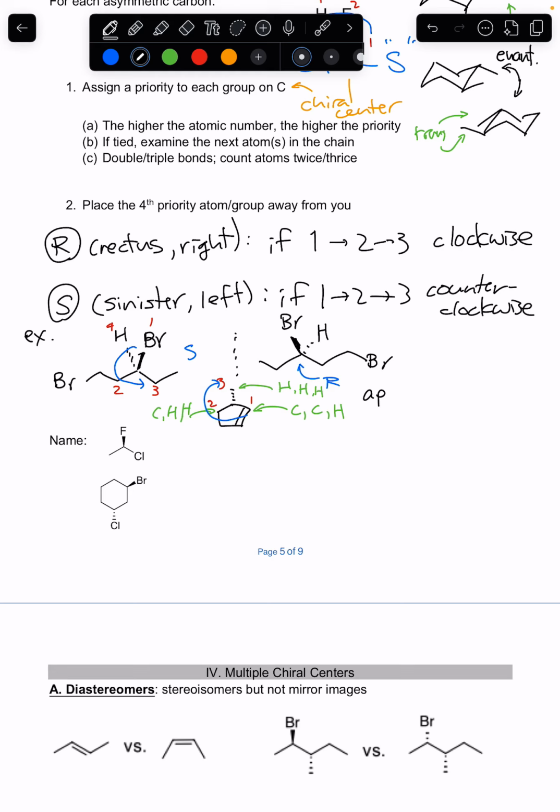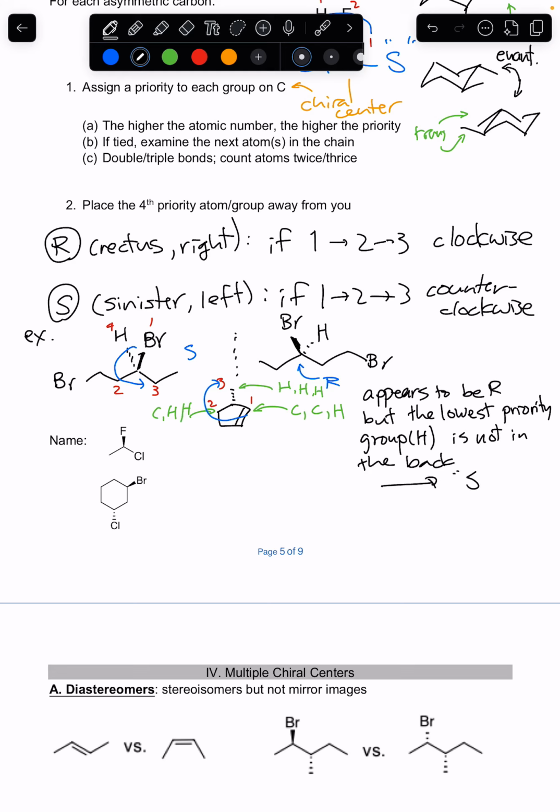This appears to be R, but the lowest priority group, which is hydrogen in this case, is not in the back. So you take the opposite, so this is actually S configuration. Hope that makes sense.